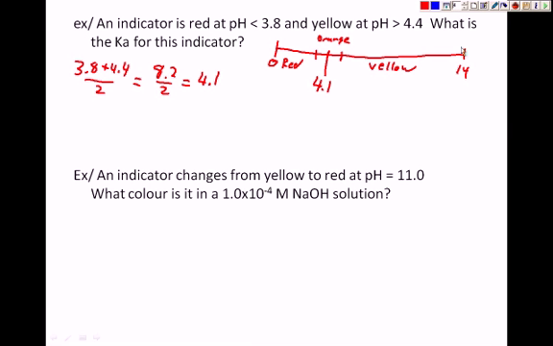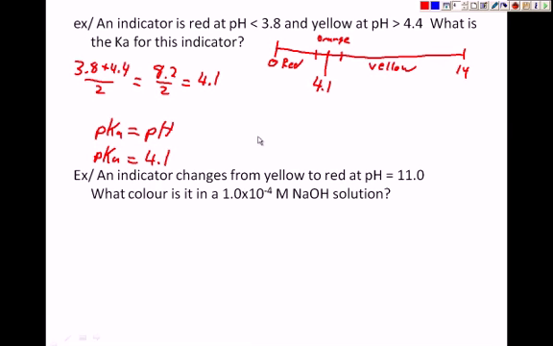Now, it says, what is the Ka for this indicator? Well, if we know that pKa equals the pH of the midpoint, then pKa equals 4.1. If we want to find Ka, we can take the anti-log of this.